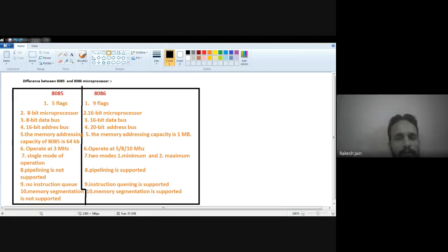Which one does not support memory segmentation? Then you should know which one does not support this. Yes, so let me show this MS Paint file. Instead of this MS Paint file, we will solve certain objective questions.